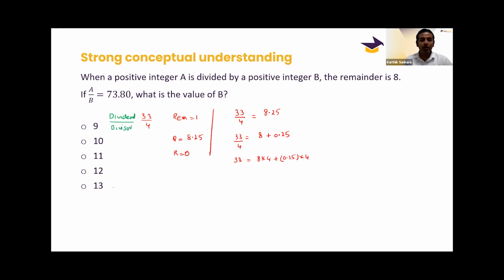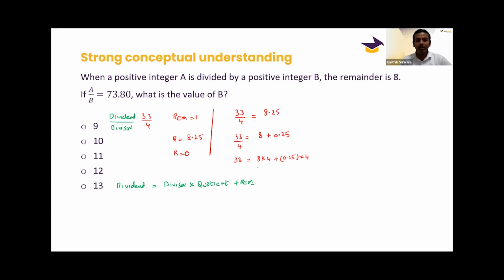So we have a formula: dividend is equal to divisor multiplied by the quotient plus the remainder, right?